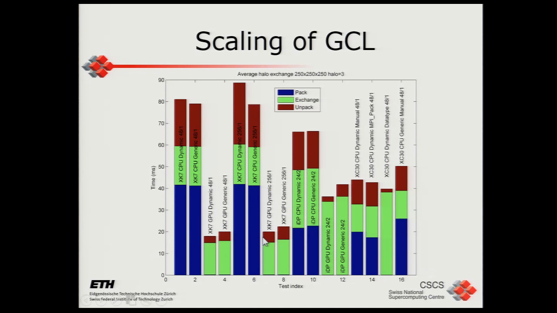We tried also on other machines, like an iDataplex, and we have similar results, even though this MPI implementation is slightly slower on the GPU, but also because we have older GPUs in there. We tried also on XC30, but that's not really the point of the presentation.